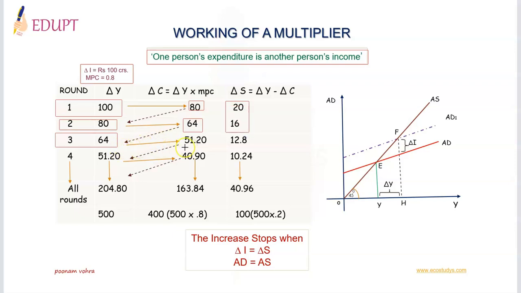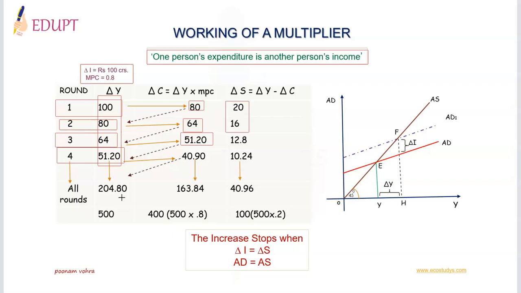So in the fourth round, once again 80% of 64 is consumed. That means expenditure incurred of 51.2 crores becomes the increased income of the producers of those consumer goods. So by the end of the fourth round, total increase in income is now 100 plus 80 plus 64 plus 51.2. In this manner, national income goes on increasing in round after round.